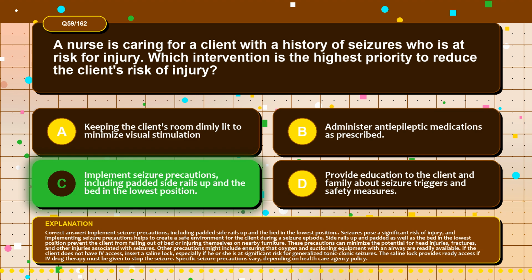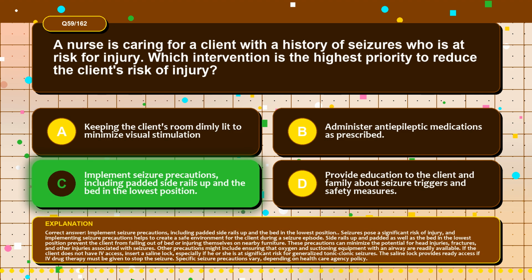Seizures pose a significant risk of injury, and implementing seizure precautions helps to create a safe environment for the client during a seizure episode. Side rails up and padded, as well as the bed in the lowest position, prevent the client from falling out of bed or injuring themselves on nearby furniture. These precautions can minimize the potential for head injuries, fractures, and other injuries associated with seizures.